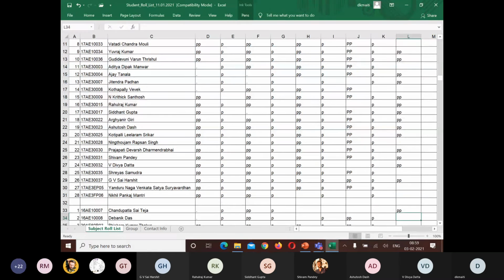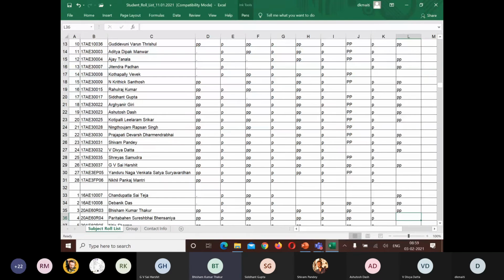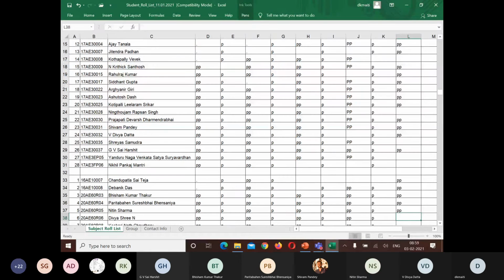Devanik Das, present, sir. Hisham Kumar Thakur, present, sir. Parita, present. Nitin Sharma, present, sir. Divyasri, present, sir.